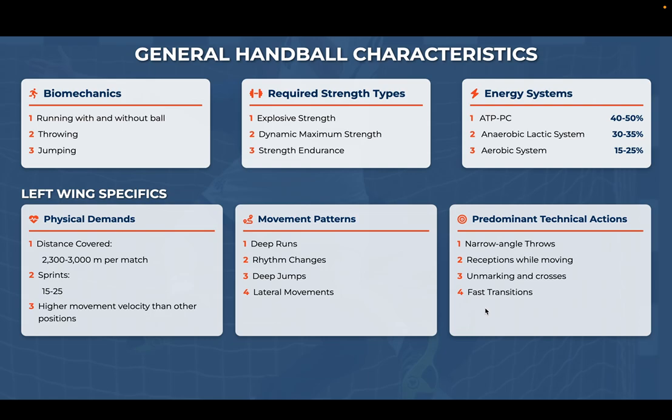The movement patterns that a left wing will have are deep runs and rhythm changes, because he needs to dribble, accelerate, stop, and try to make throws to score. Also deep jumps and lateral movements. The predominant technical actions are narrow angle throws, receptions while moving, receptions standing, unmarking, and crosses. You also have to make fast transitions.